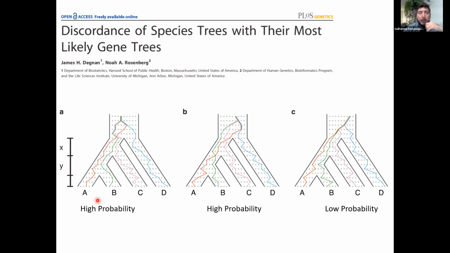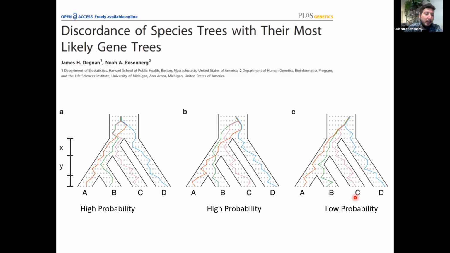But we have one case that we call the anomaly zone, where the branches of the species tree are really short, and the gene tree that agrees with the species tree, in this case C here, would be very unlikely compared to the others. So we have a lot of genes that don't agree with the species tree and just a few genes that agree with it.